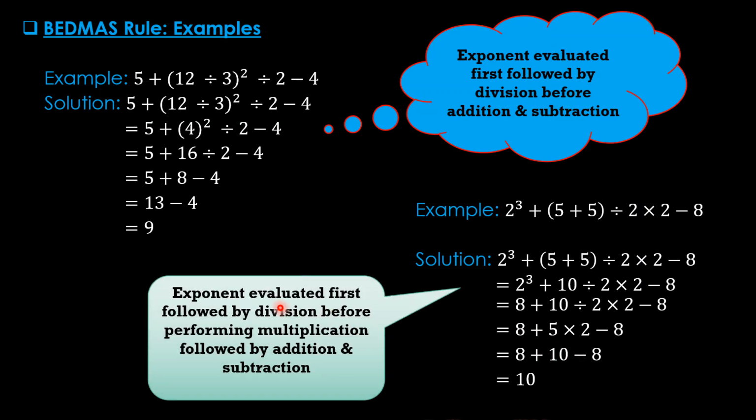So exponent evaluated first, followed by division here. So exponent is here, then division before performing multiplication followed by addition and subtraction. So that's pretty much this BEDMAS rule and some examples.